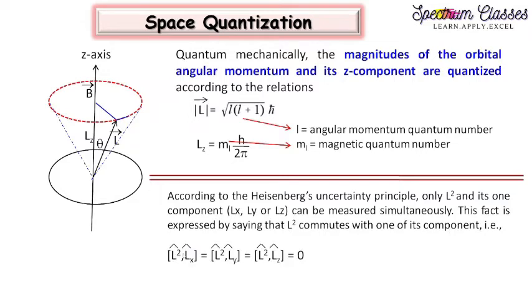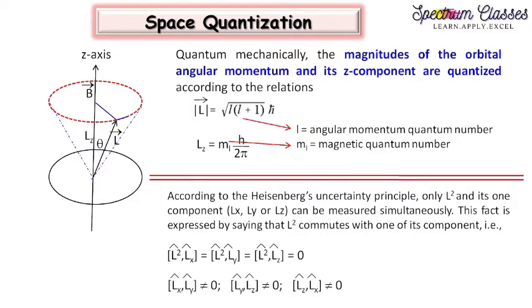This fact is expressed by saying that L square commutes with one of its components. So here I have written the commutator of L square with Lx cap, which is equal to that of L square with Ly cap and L square with Lz cap, and these are equal to 0. It means L square commutes with each of its components. This cap suggests that this is an operator in quantum mechanics.